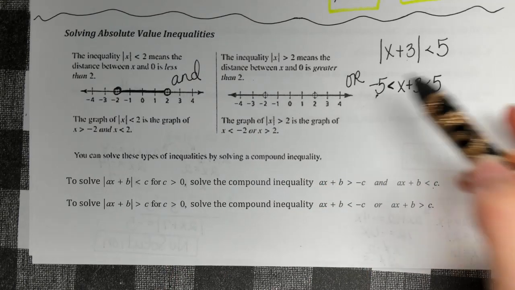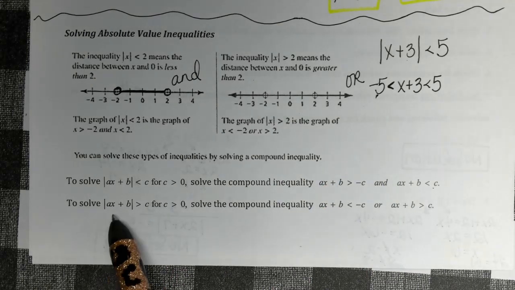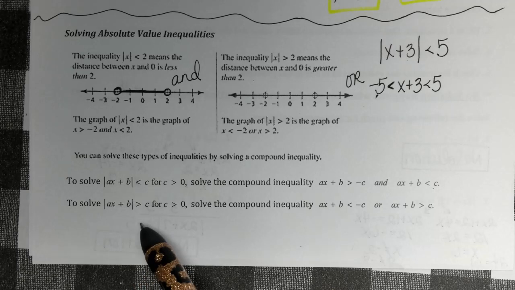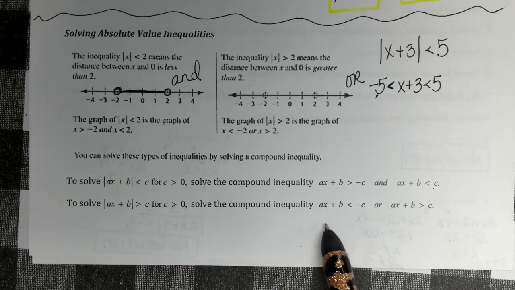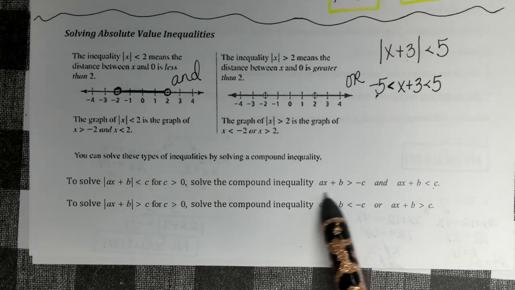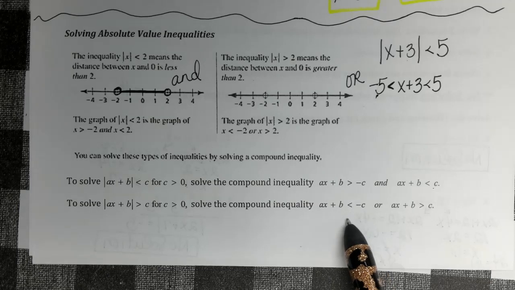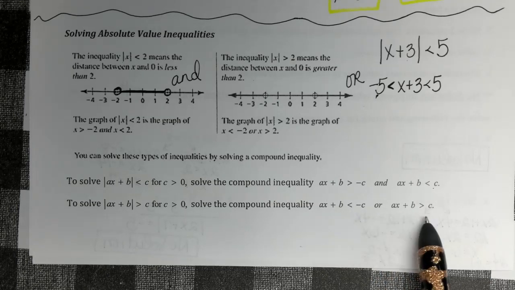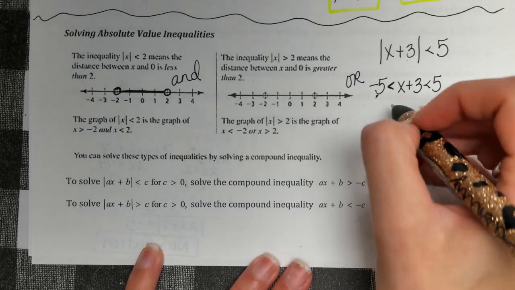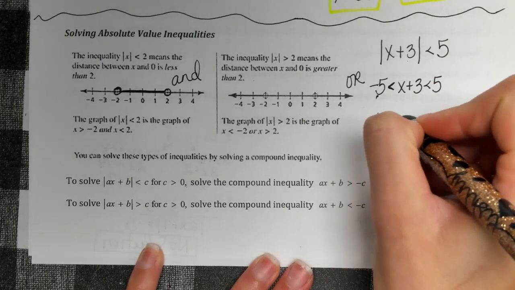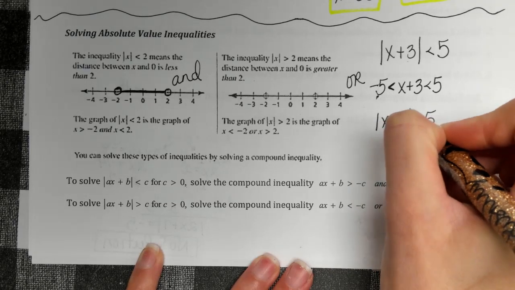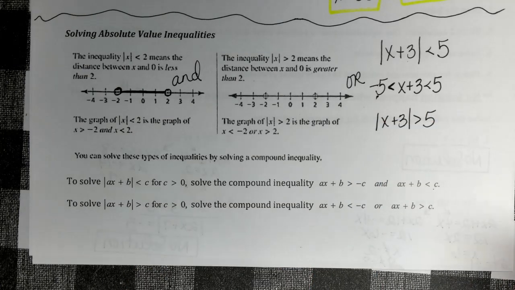Now with an or, if you have the absolute value of something is greater than a positive number, then what's inside the bars is less than the negative, or is greater than the positive. So if I have the absolute value of x plus 3 is greater than 5, I want opposite ends. I want the distance to be large.